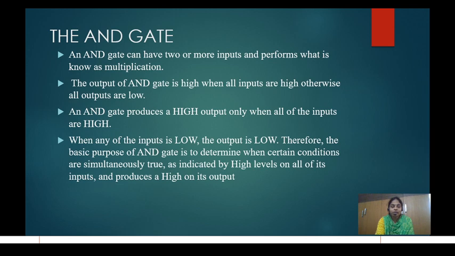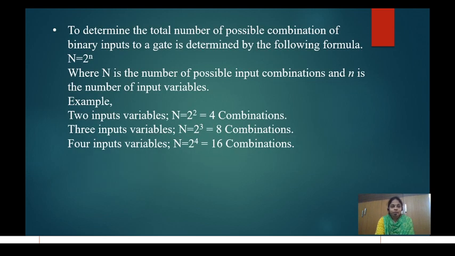In the remaining cases, the output of the AND gate will be low. For n binary inputs, we get 2 power n possible combinations by drawing the truth table.